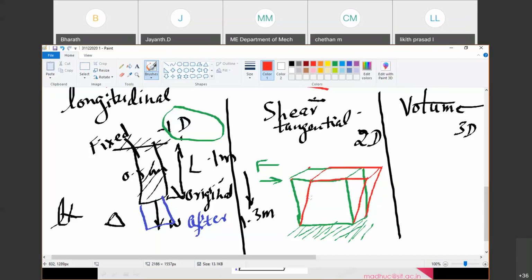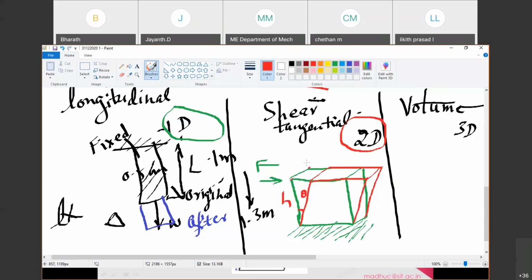As there is change in two things, the length is changing and also the width is changing. So in this case, there is change in two dimensions. This is what we call tangential, because it is creating some angle here, theta. Let us assume this is the height.